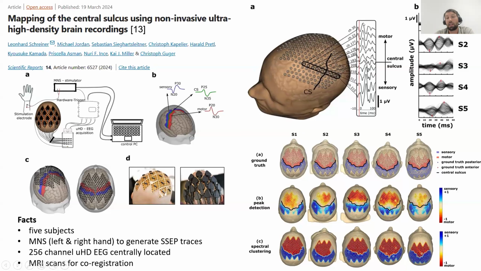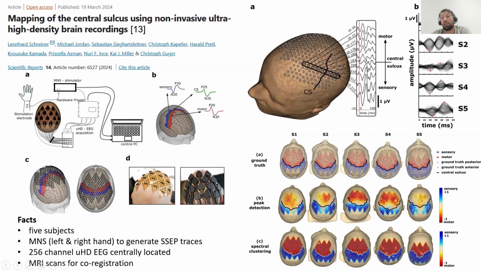And you can clearly see here the phase reversal of the somatosensory evoked potential with the N20 and the P20, and when it goes toward the central sulcus, we have less activation, and we have this reversal that we also showed for all 5 subjects in this case, with slightly different timing.